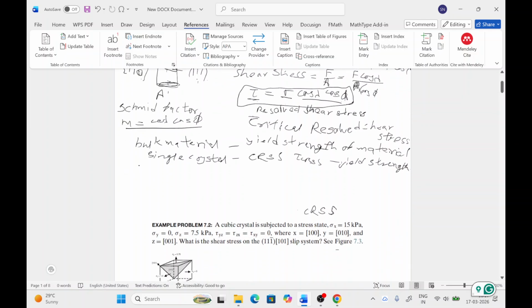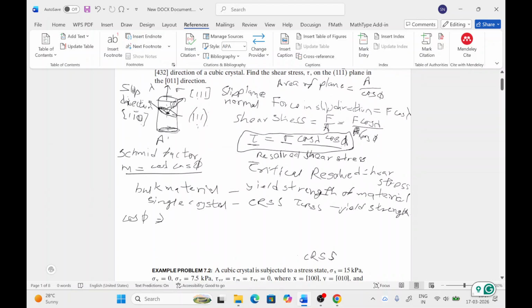So cos phi will be between the 432 direction and the plane 1 1 bar 1, and cos lambda will be between 432 and the slip direction 0 1 1.